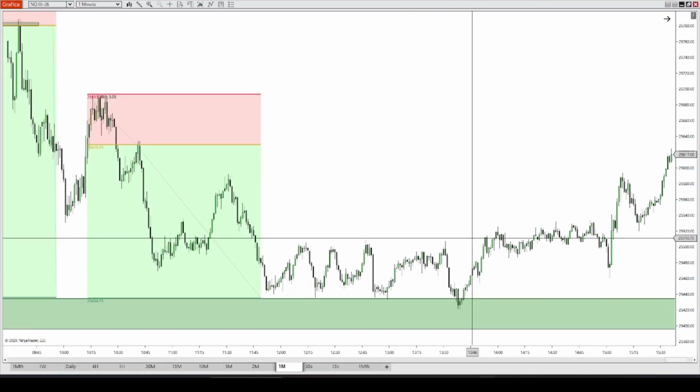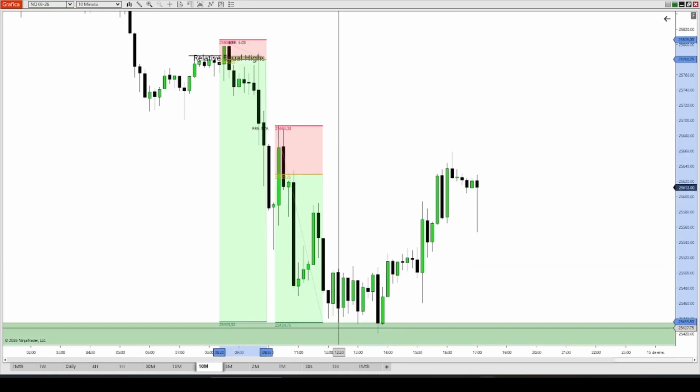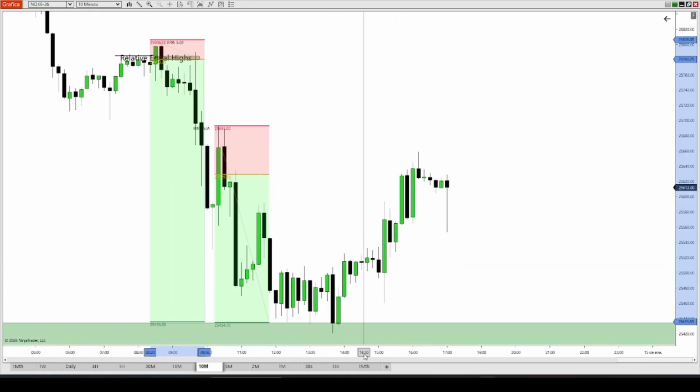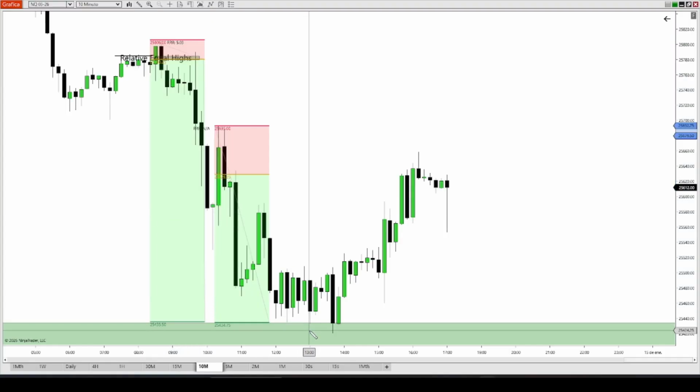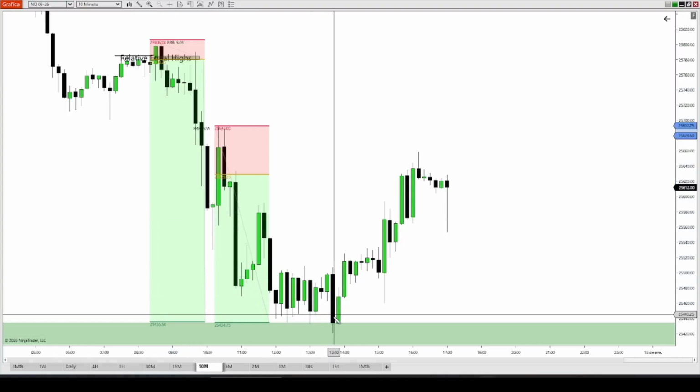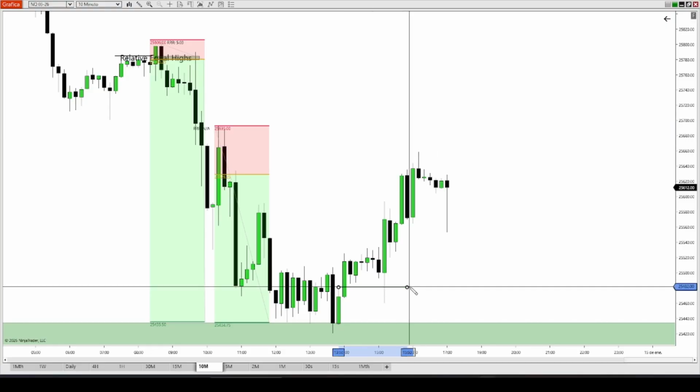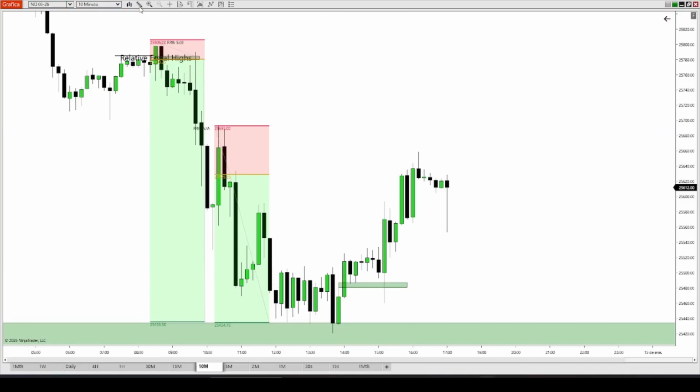So then price filled the volume imbalance, and after filling the volume imbalance, it made a 2022 model long. This is your low, this is your high, lower low, break of structure, fair value gap, and there's your entry.